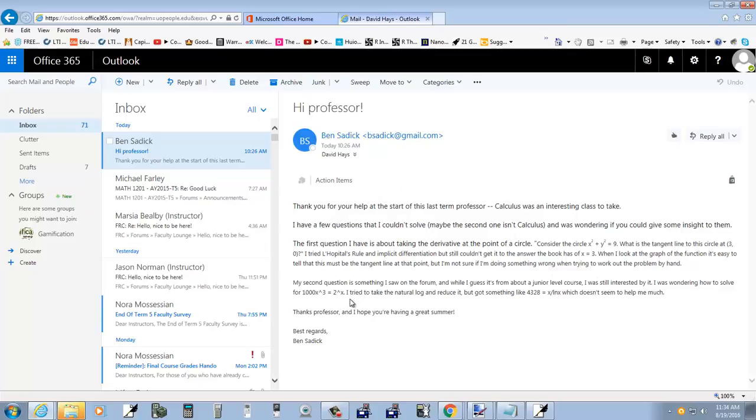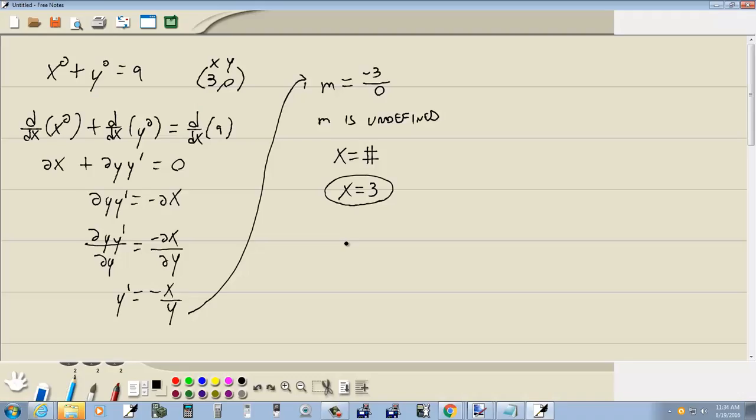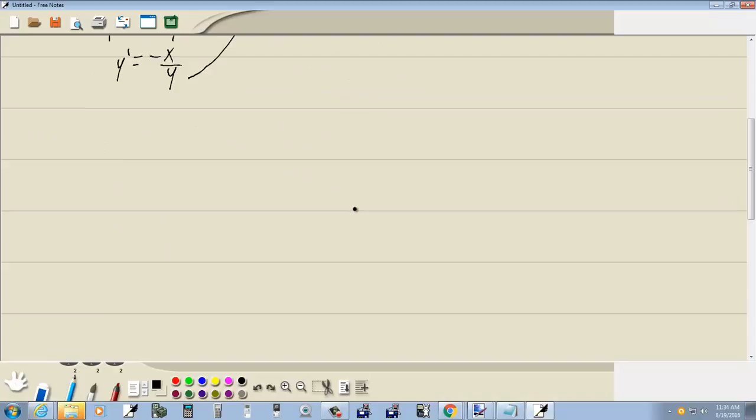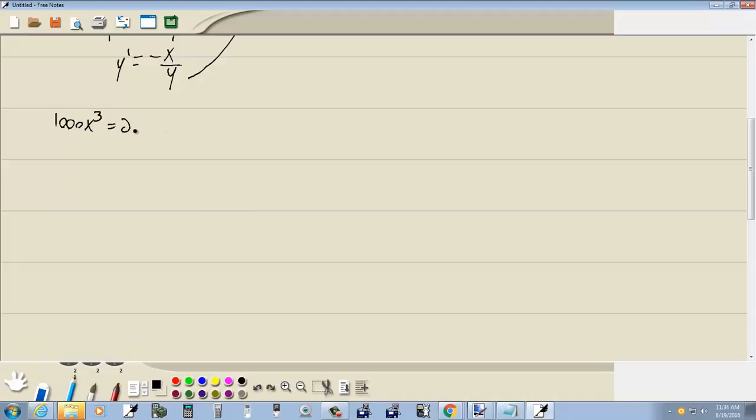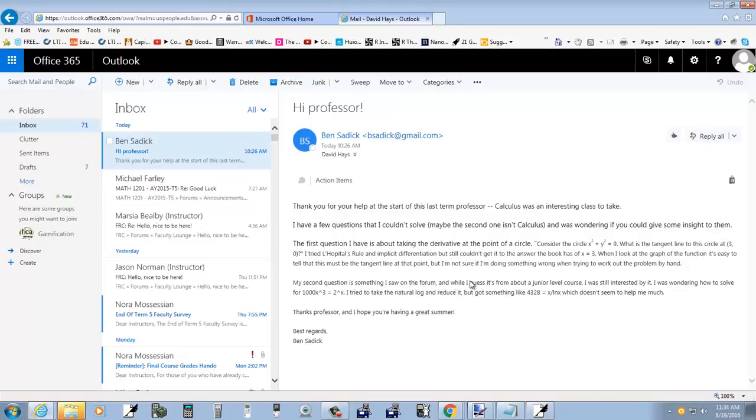Let's see, what's the other one? 1000x to the third, I think it was. Yeah, 1000x to the third equals 2x squared. And how to solve it?